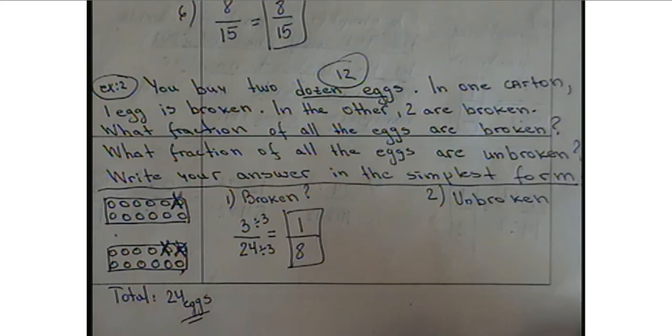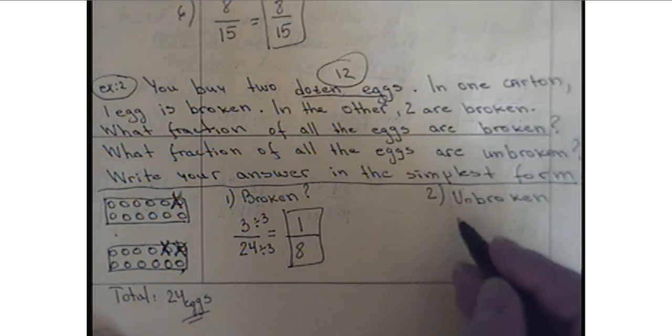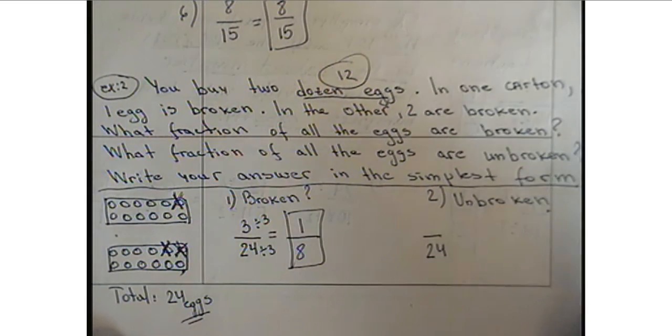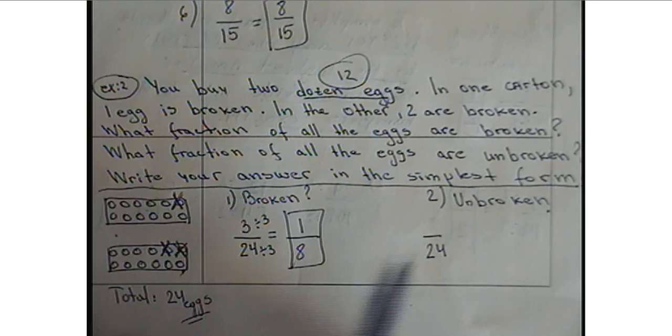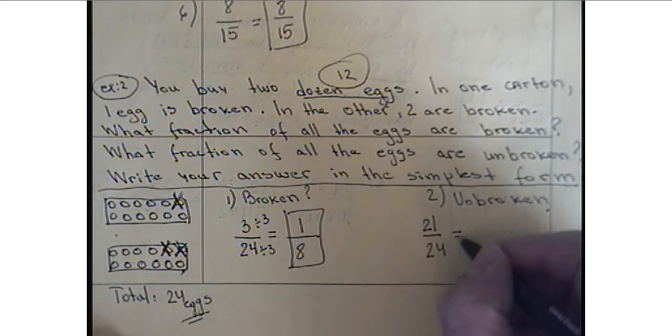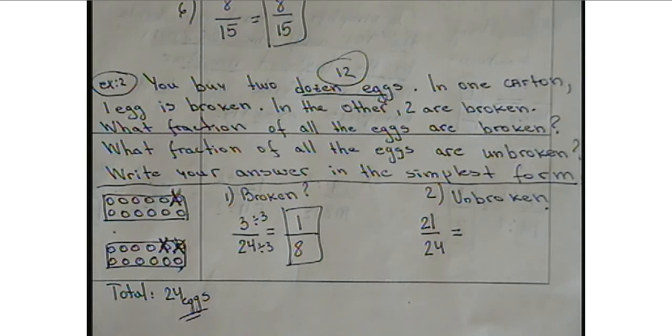Second part of this question is about unbroken. So now, again, total we have 24, and how many are unbroken? Well, 24 minus 3 broken will give us 21 that are not broken. Now, 21 out of 24 are unbroken, and we want to simplify.